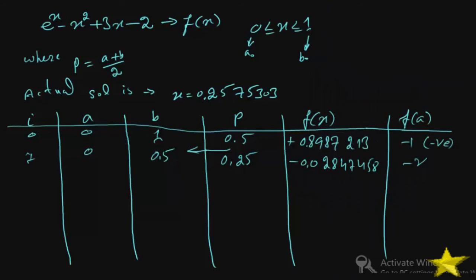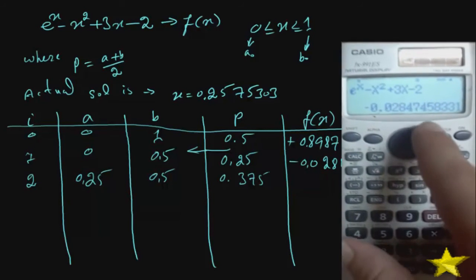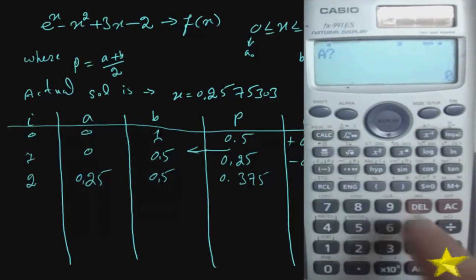Note that it's negative, so both are negative, and we need to replace point A for the next iteration with point P of the previous iteration, which becomes 0.25. The range becomes from 0.25 to 0.5. So repeat the iteration until you get the range small enough.